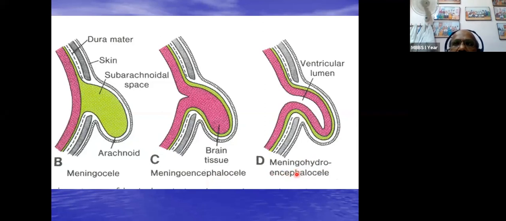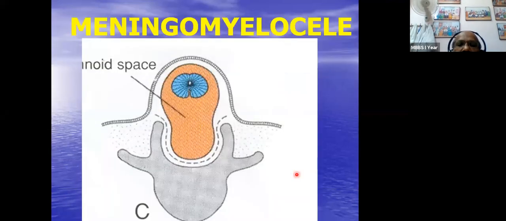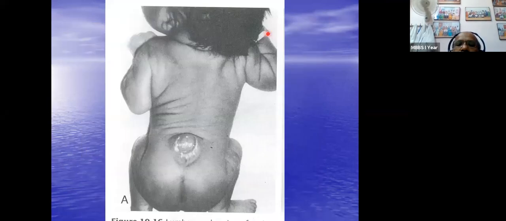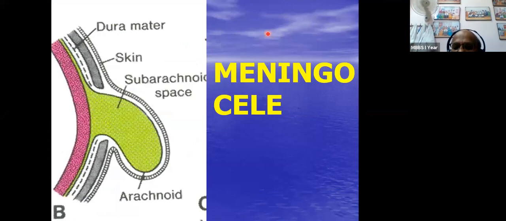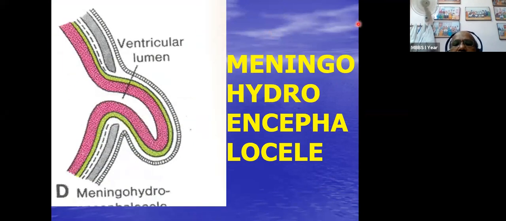That word myelo denotes spinal cord. So that's what we have seen here: meningomyelocele. Instead of myelo, if you put encephalo, that denotes brain. That word hydro means including the ventricular part, it is projecting through the defect.